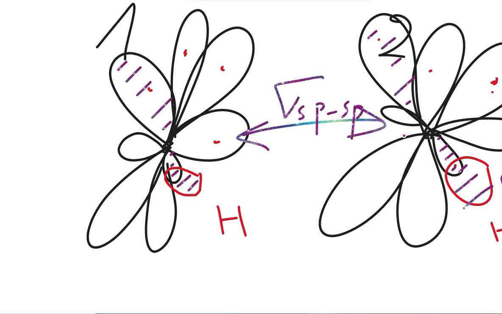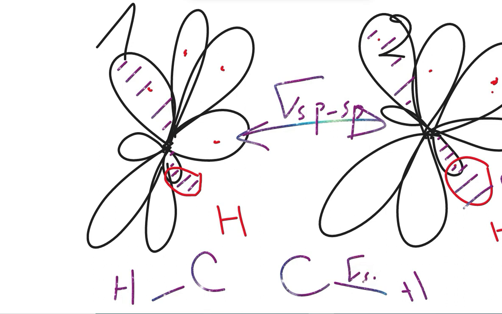This is the first C, this is the second C, this is the H, and here we have a single bond with H because it's coming from sigma sp-s. Same here. Also, between the C themselves, the sp and the sp are bonding together. We have a single bond called sigma sp. So this is sigma, the single bond.